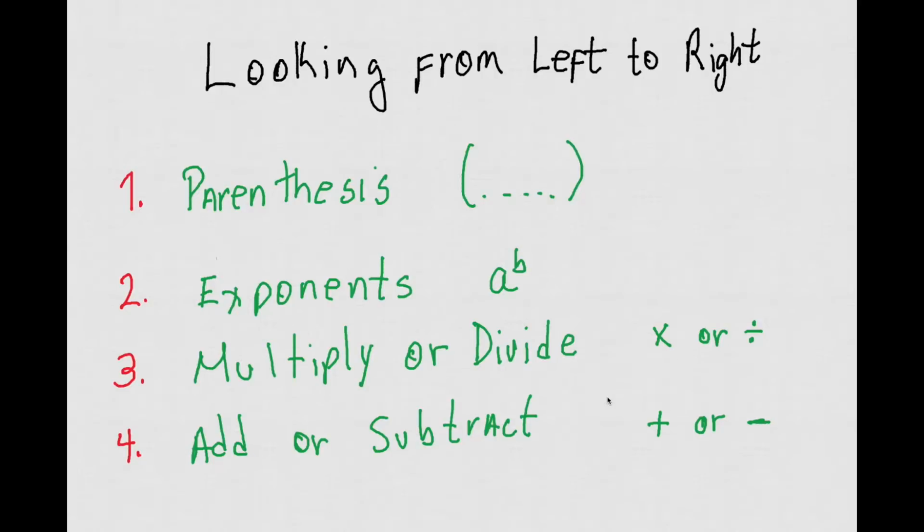If the division comes first, you do the division. After that comes the addition or the subtraction. From left to right, you need to know which one comes first and do it first. If the addition comes first, you do the addition, or if the subtraction comes first, you do the subtraction. So the order is: parentheses, exponents, multiplication or division, addition or subtraction.